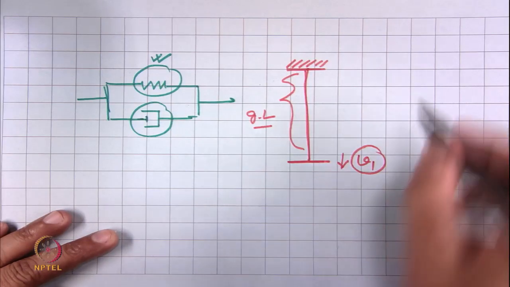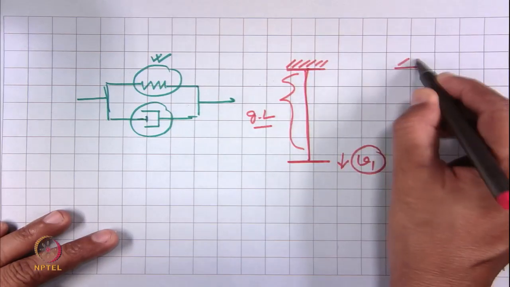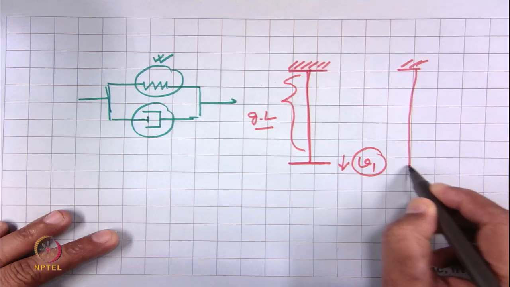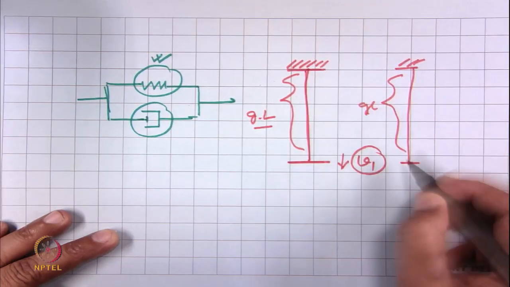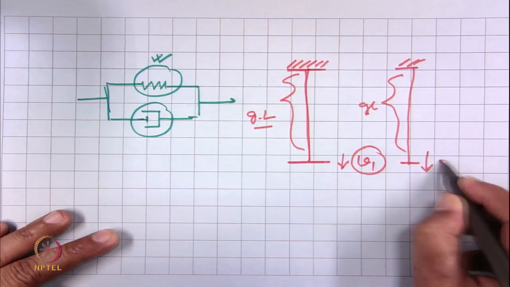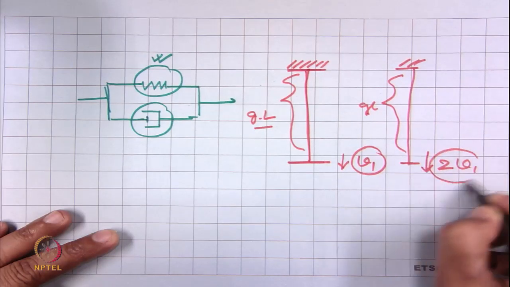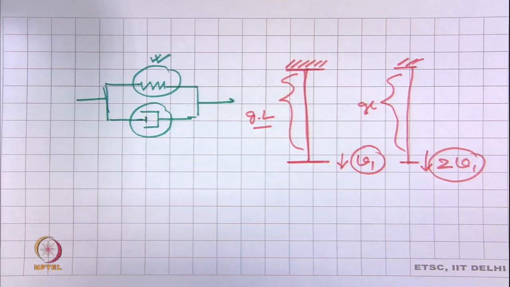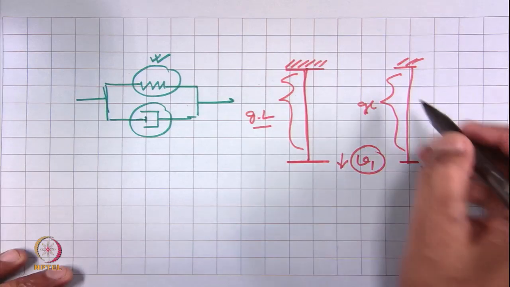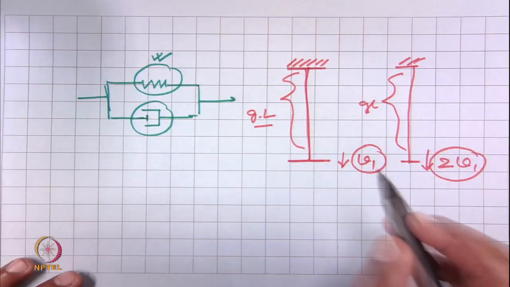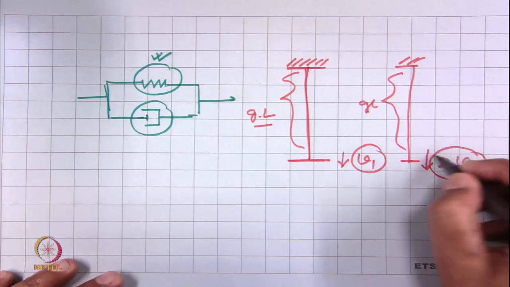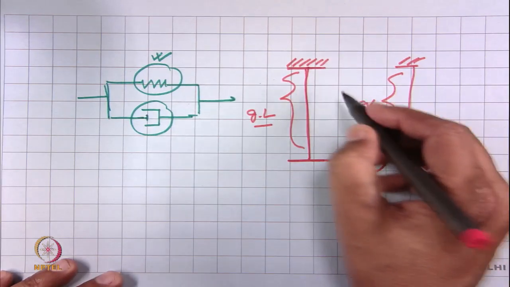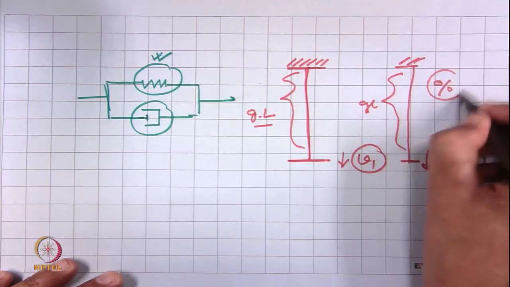Next, for the next sample, we are keeping the gauge length the same, but we are giving 2 v. This is the second condition. What we are trying to know is that the rate of extension is doubled, so what will be the percentage increase?